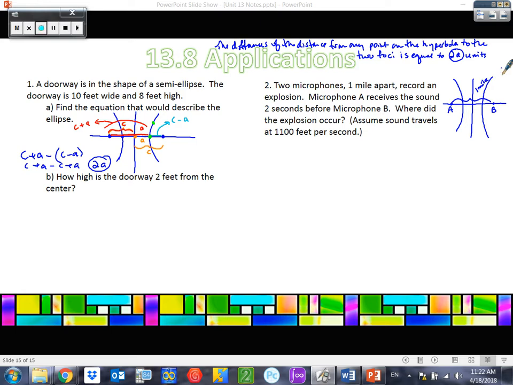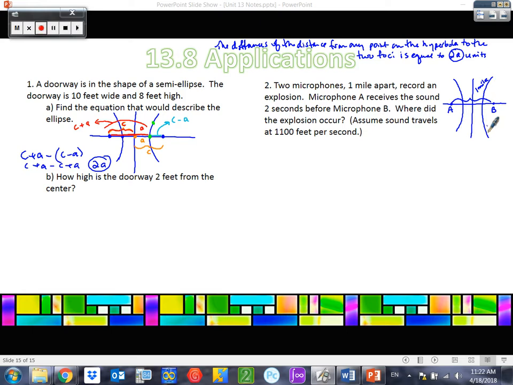What they want us to do is find where the explosion occurred. Now, some students want an exact point where the explosion occurs. Really what this question is asking for is the equation of the hyperbola. The explosion could occur anywhere along it.